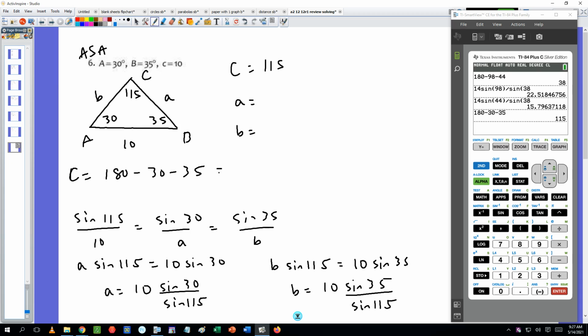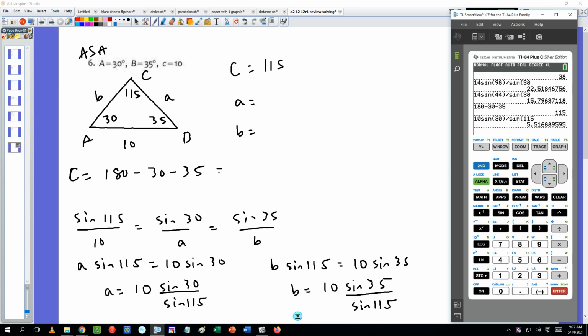See how similar those answers look? 10 sine 30, close your parentheses, divide by sine 115. And 10 sine 35, close the parentheses, divided by sine 115.